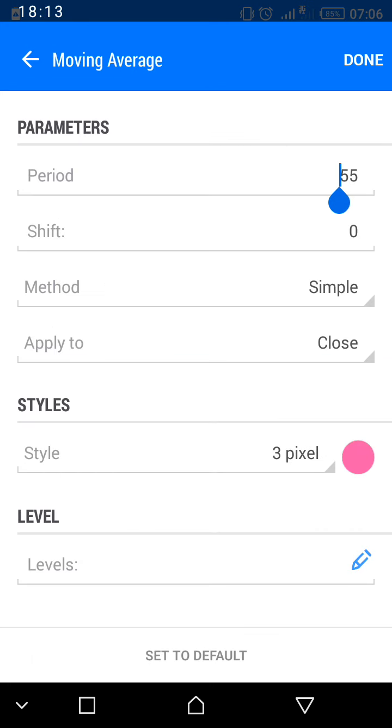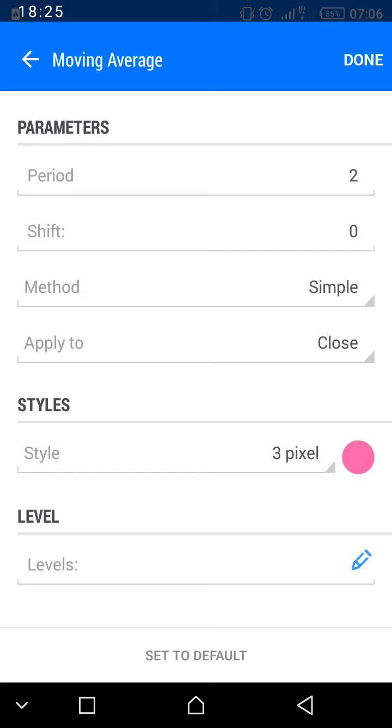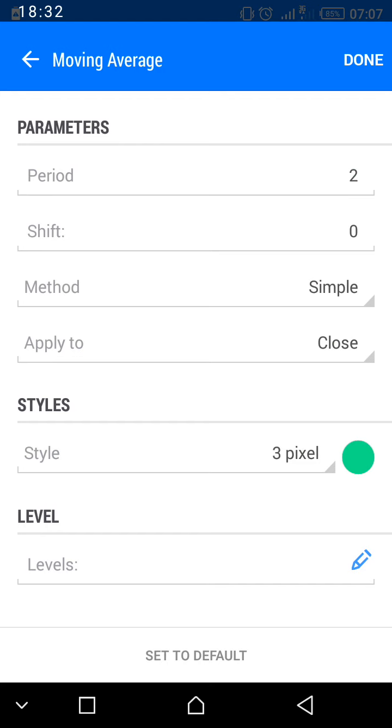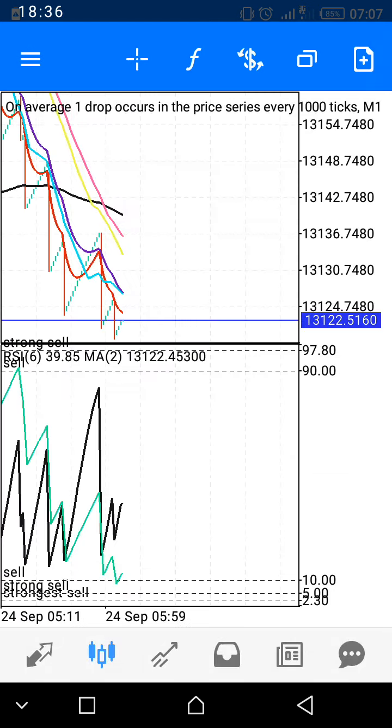This time around, the period is set to 2, simple moving average. And I can use color green. Let me use 2 pixel. Then done.